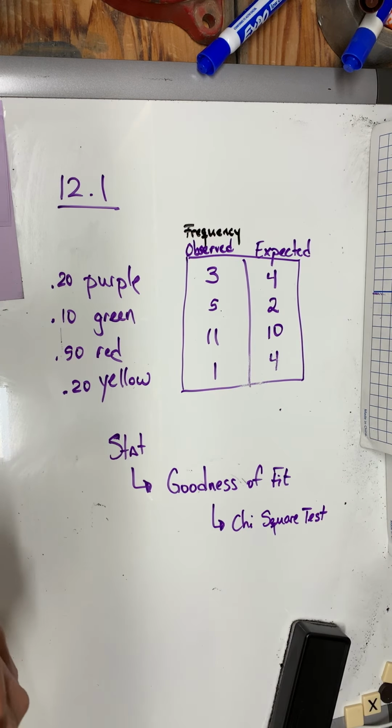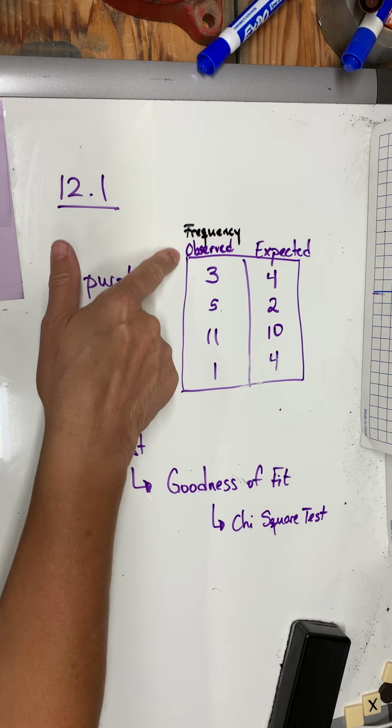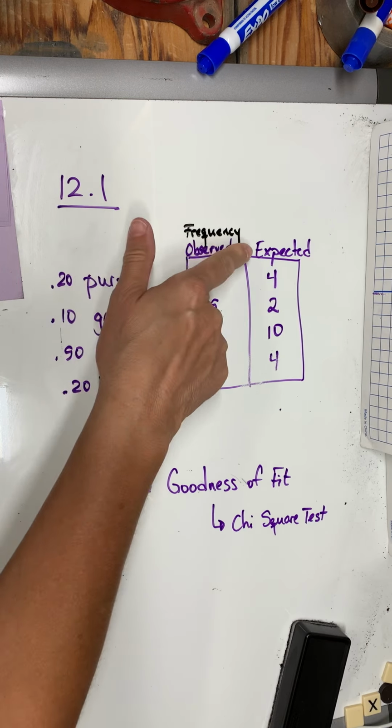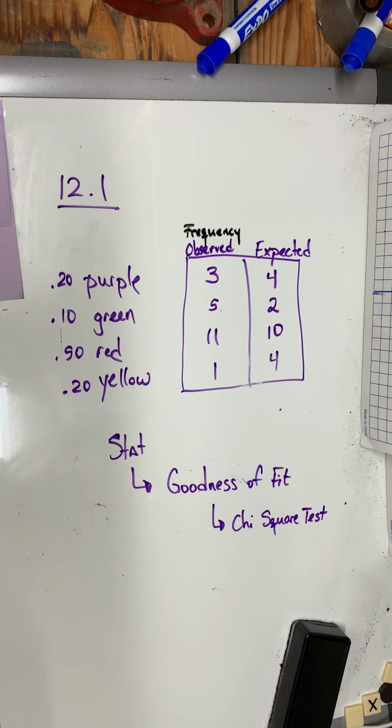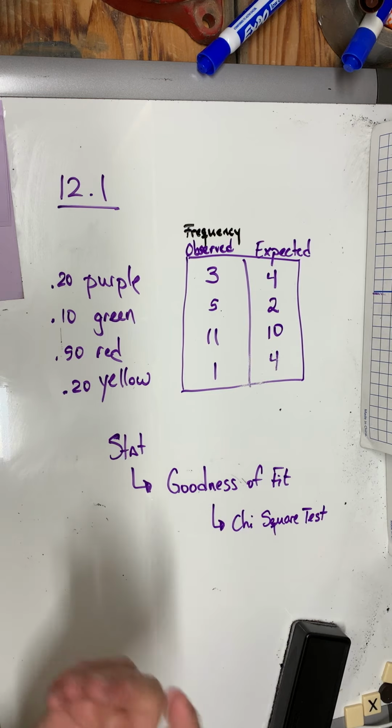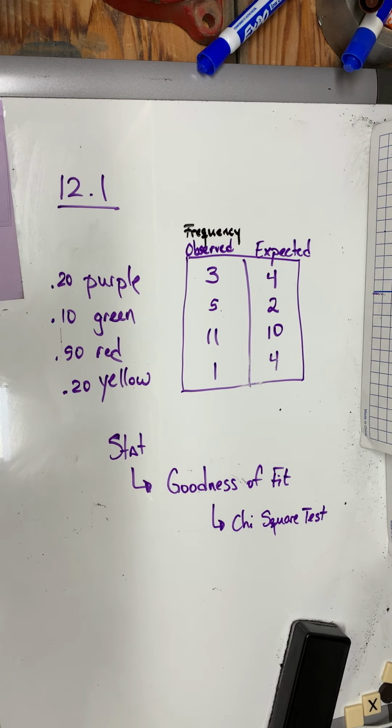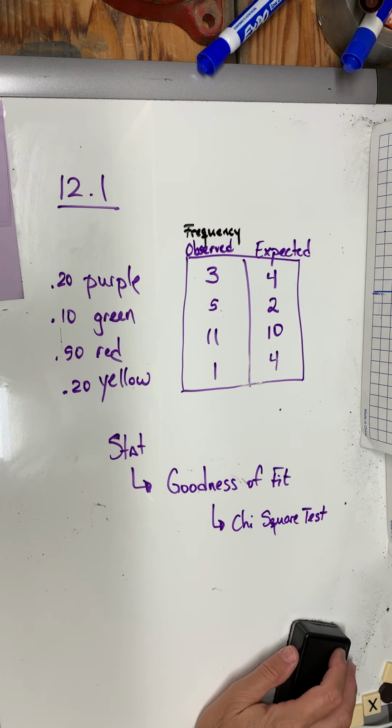Once you open that up, you'll select what column would be the observed, what column would be the expected, and then hit compute, and it's going to give you your test statistic, which is the chi-square, and then the p-value, and it also gives a degrees of freedom, and I think there's one question that asks for that.